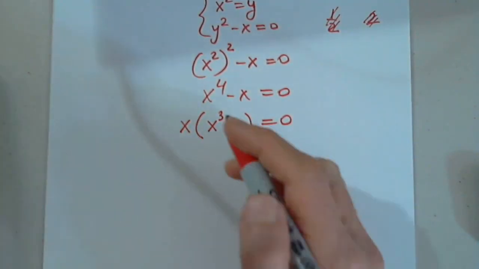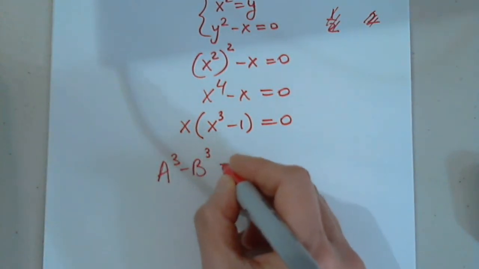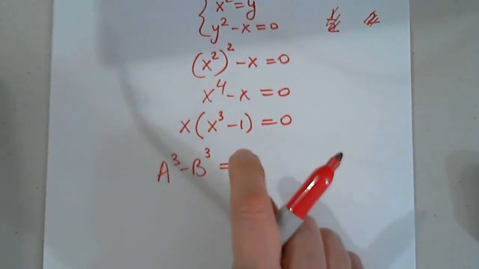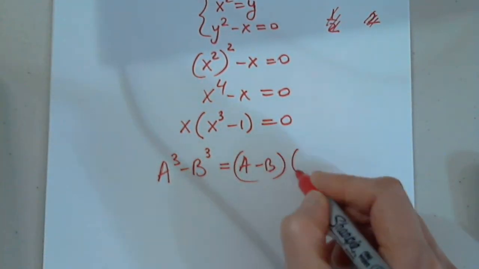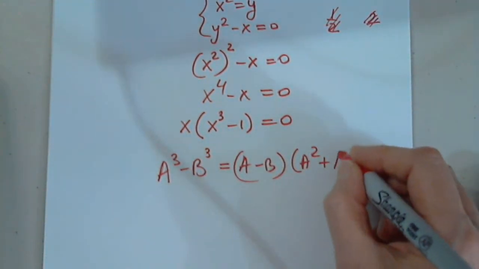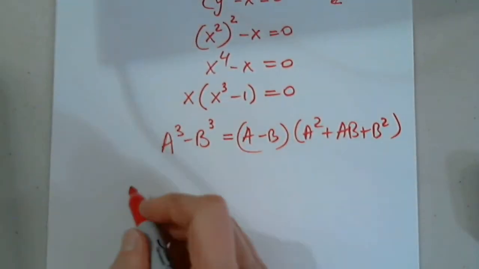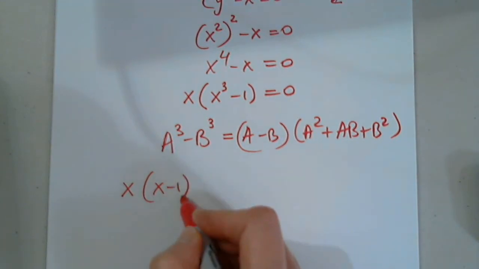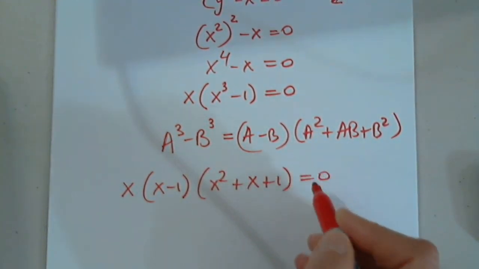And let me refresh our memory on a cubed minus b cubed, the factoring of a difference of cubes, which is a minus b times a squared plus ab plus b squared. So I'll continue factoring x minus 1, and then x squared plus x plus 1 equals 0.